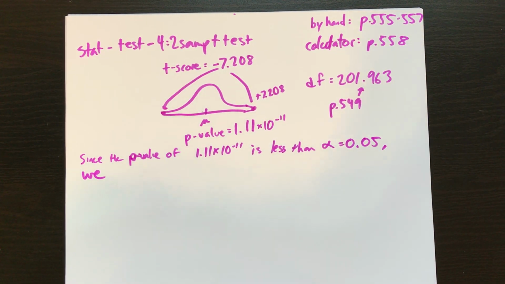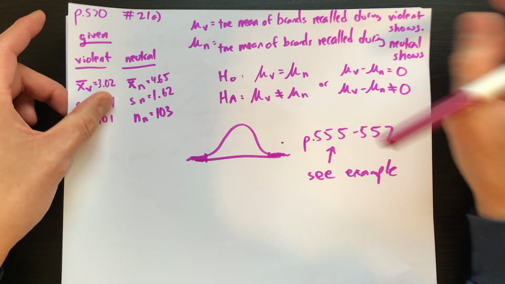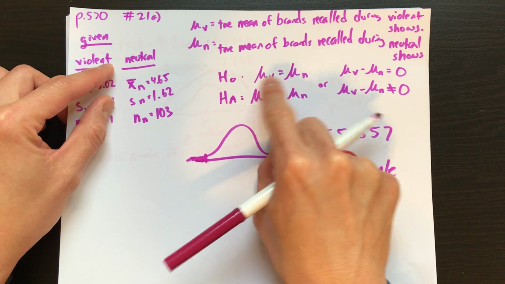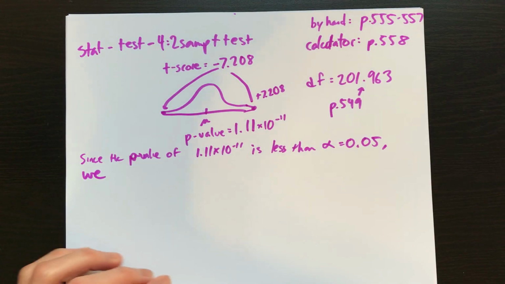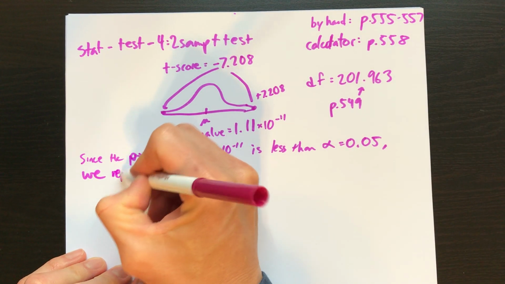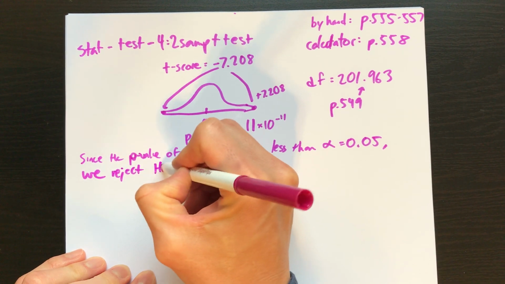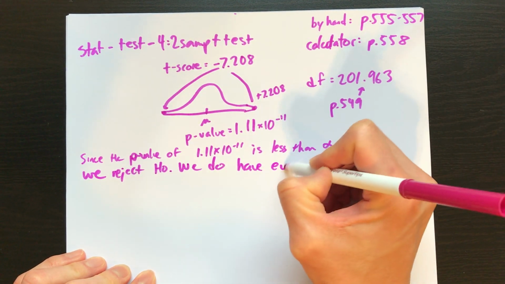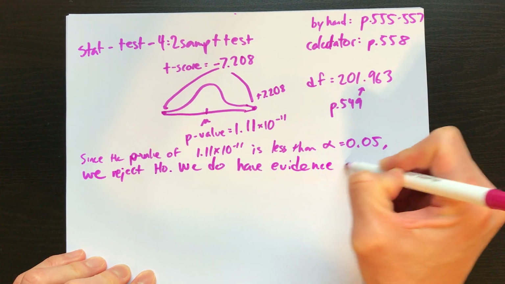Okay, let's just go back to what that means again. Are we rejecting our null hypothesis? That they're the same, that they're equal. We reject the null.